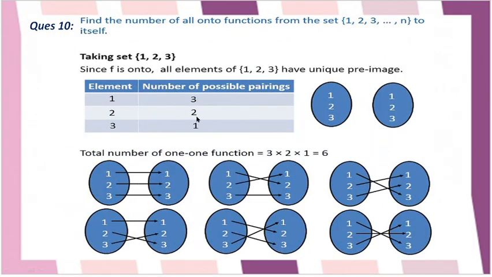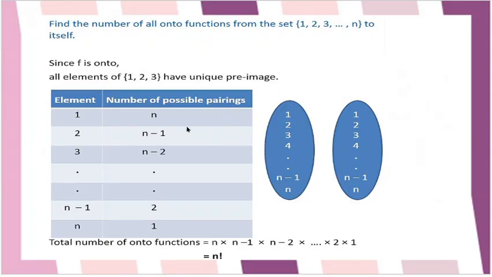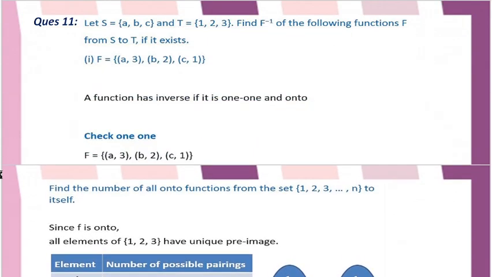I discussed this formula so that you can understand this concept easily: the number of possible onto functions is the number of elements into minus 1 into minus 1, means 3 into 2 into 1, equal to 6. So the same concept we have applied here as well.